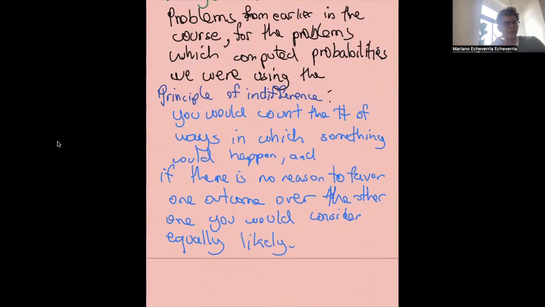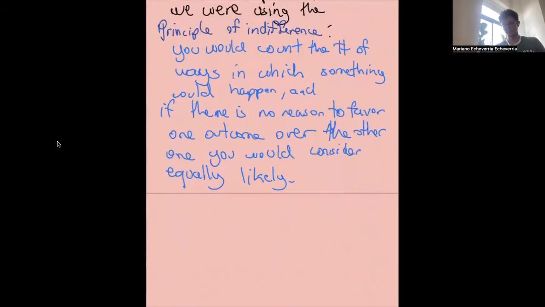The example where this is easiest to think of is rolling a die.